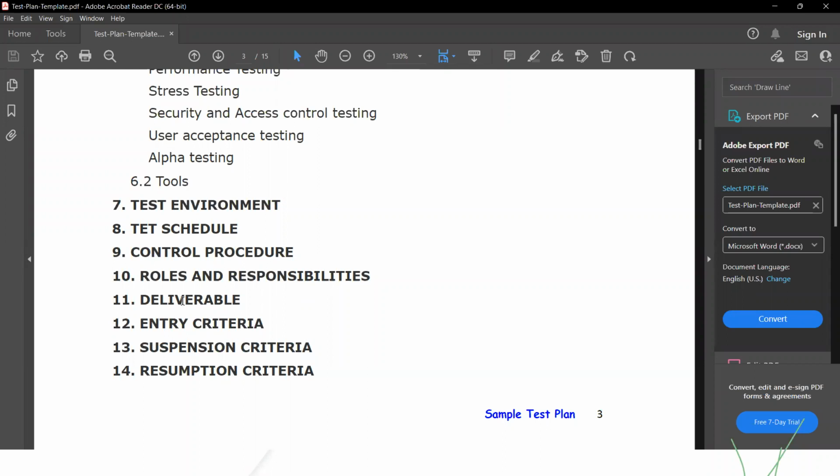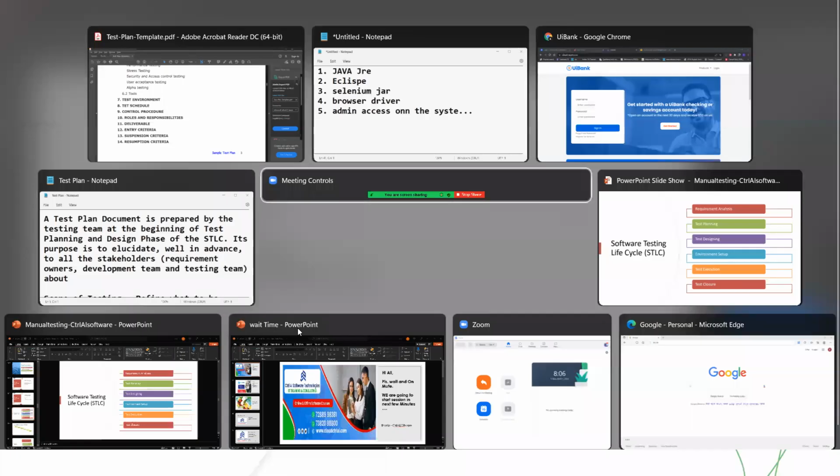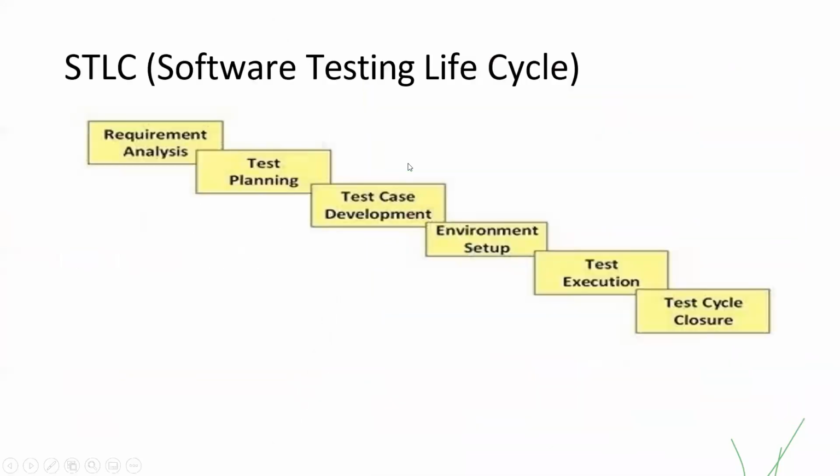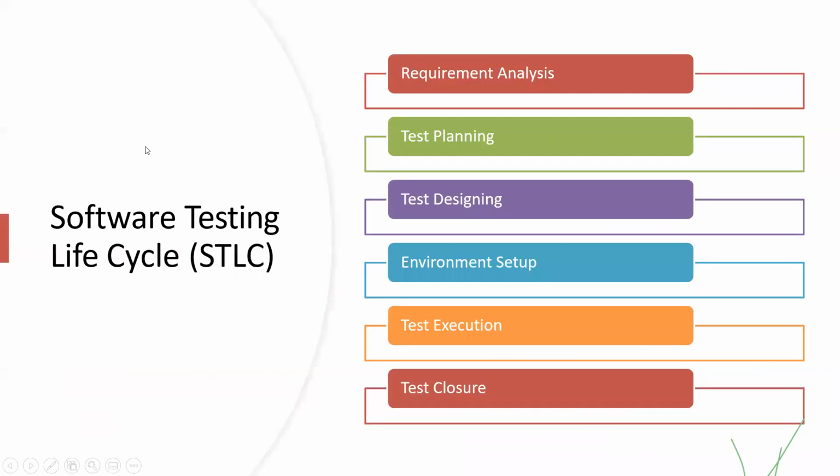The final deliverables, where we list out what deliverables we are going to handle, and the start date. And the very good thing is entry criteria and exit criteria for each and every phase of STLC. In this STLC, first we gather the requirements for analysis. What is the entry criteria for requirement analysis?